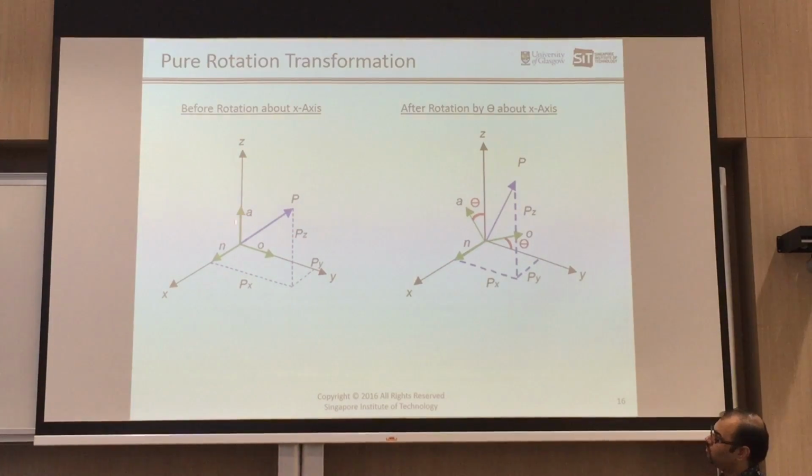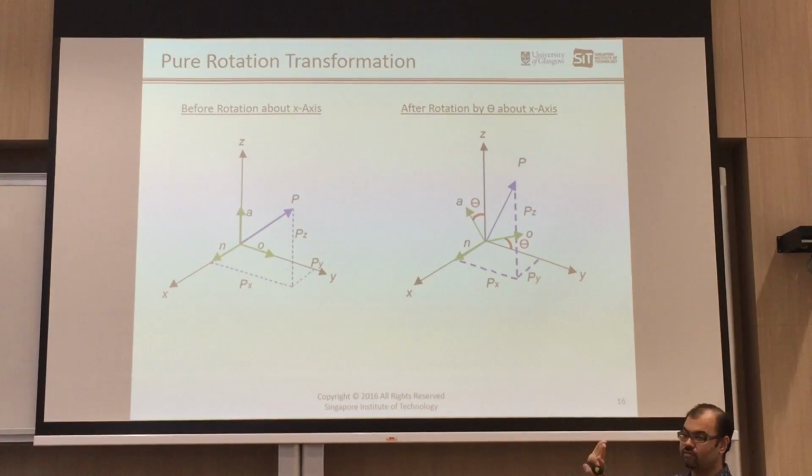Now if you rotate this green frame about the x-axis, your A frame will move, your O frame will move by angle theta. Okay. And your P, which is fixed in your green frame, will also move. What you're trying to find out is, after this rotation, what is the location of this vector with respect to the global frame.